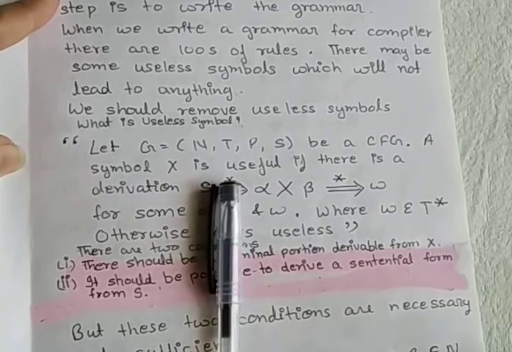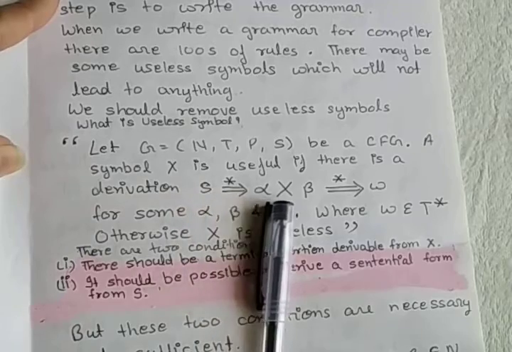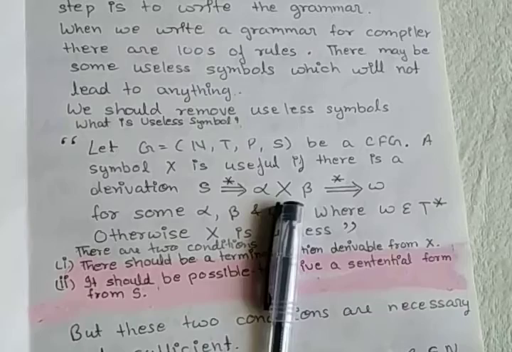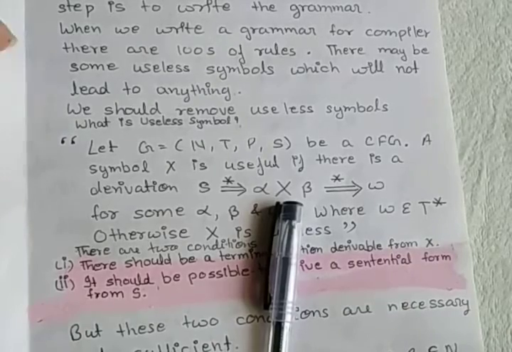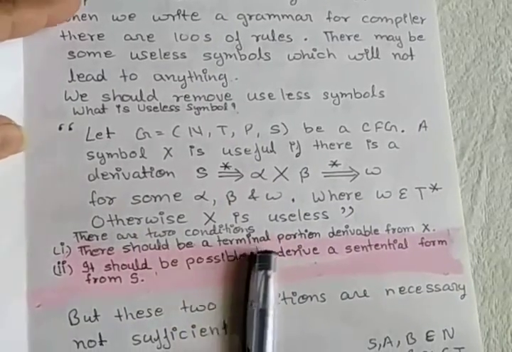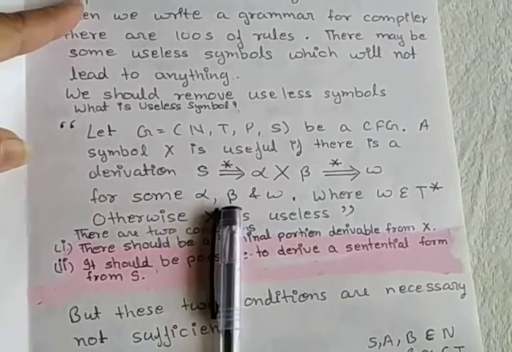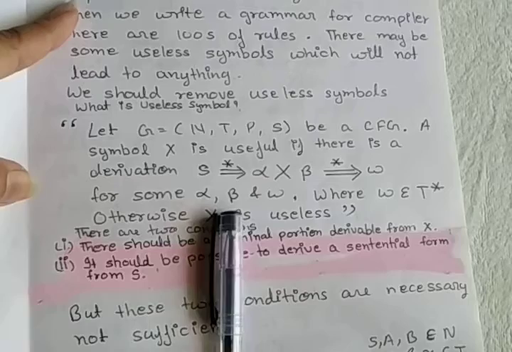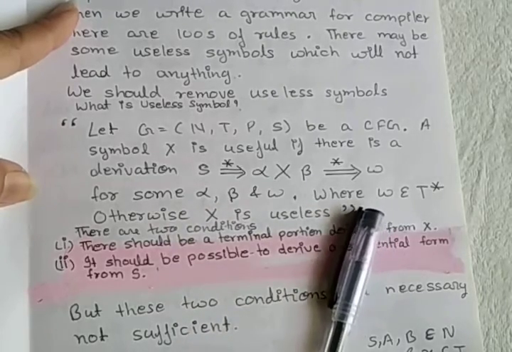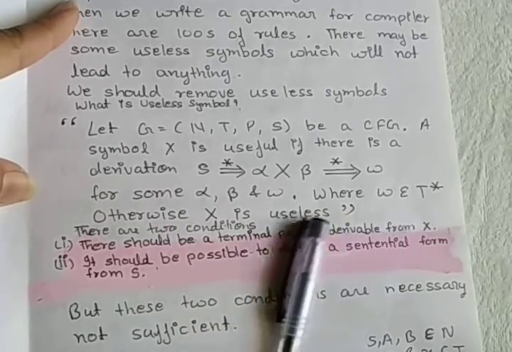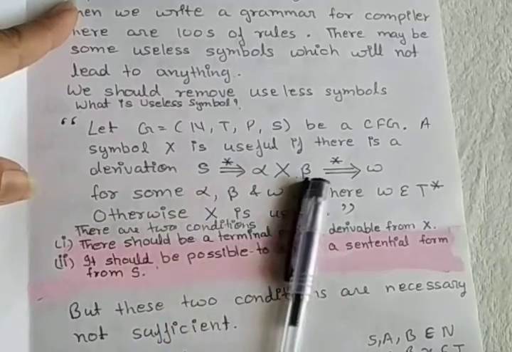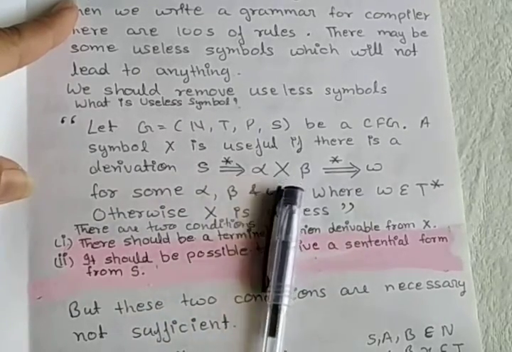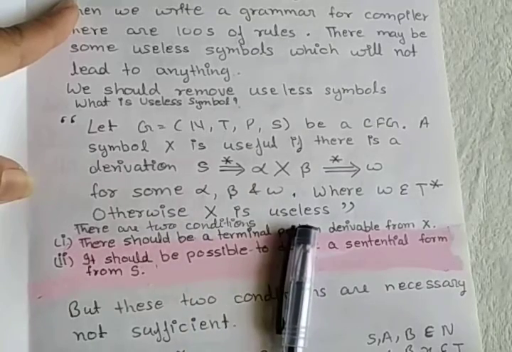This asterisk symbol represents that we get this derivation after the application of some rules. Here α and β may be terminals or non-terminals, but w is a terminal string. If this condition is satisfied, then X is a useful symbol, otherwise X is a useless symbol.